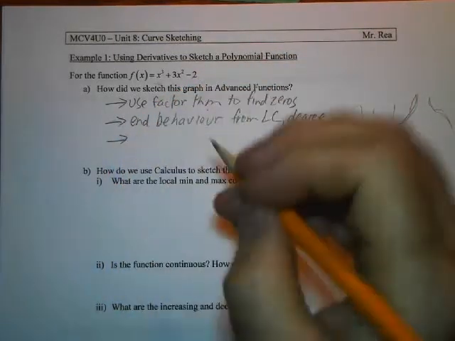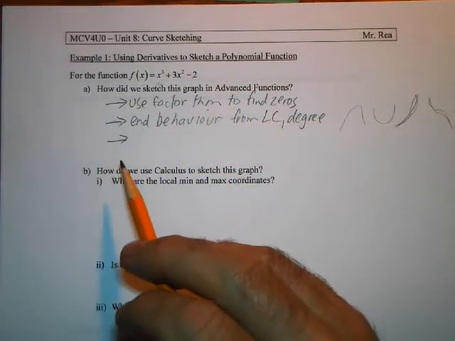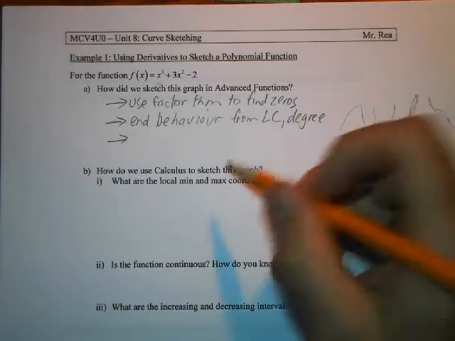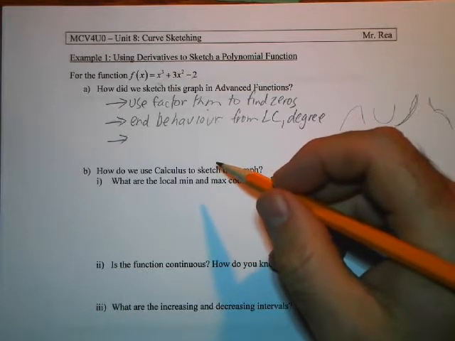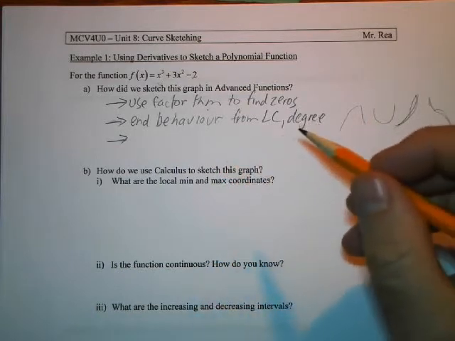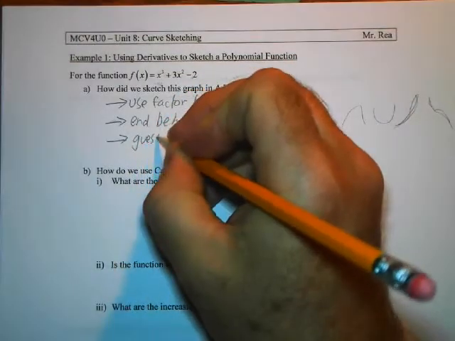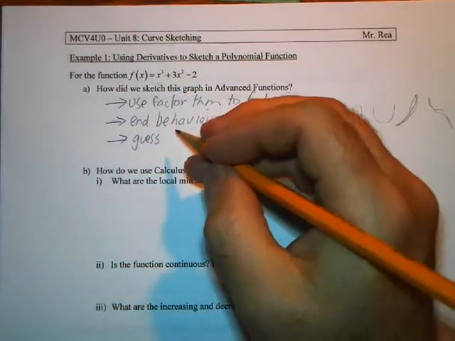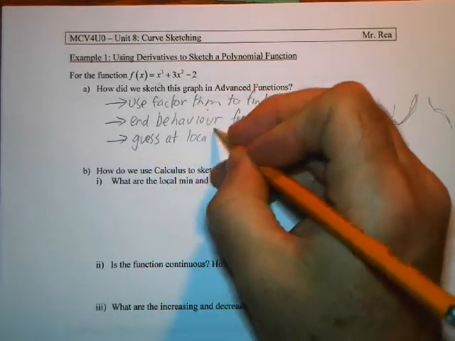And then at the end, once we've got the shape, we get a vague idea of what's going on. We get the zeros, it goes up and then it comes back down through this zero, or it bounces at this zero. But in terms of the local min or max, it's all guesswork, really. Well, not totally guesswork.